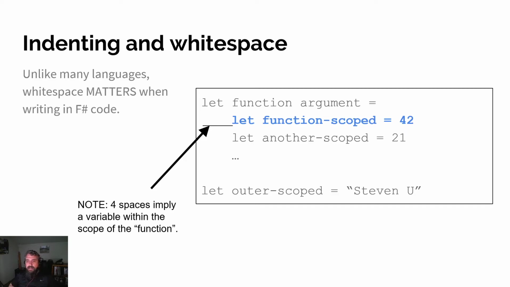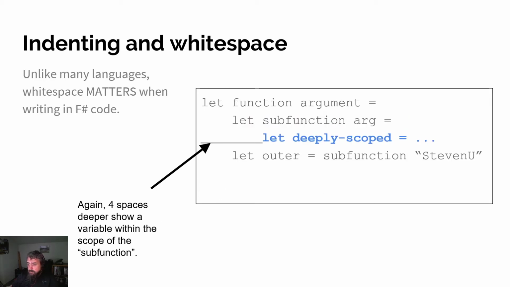Because you're applying meaning to the spaces and whitespace, you actually get some sort of value in the whitespace, as opposed to it just being pretty printing all over the place. What that does in this particular case is imply that anything indented with 4 spaces there is within the scope of the function argument, the function there.